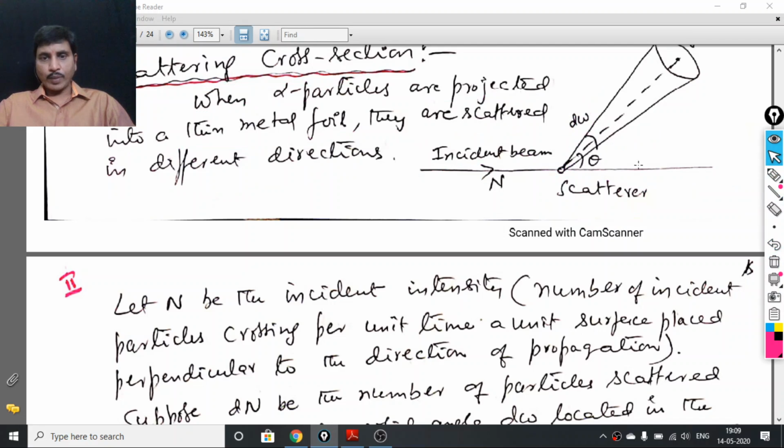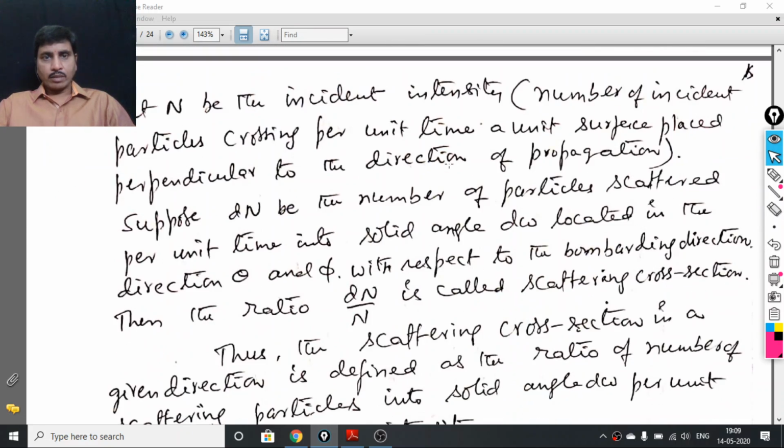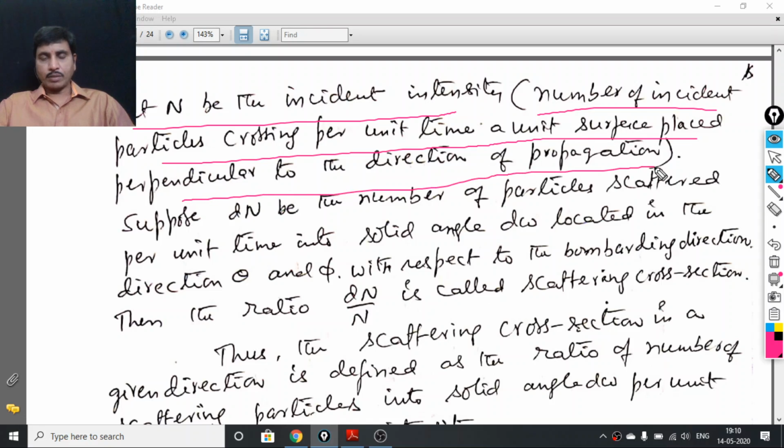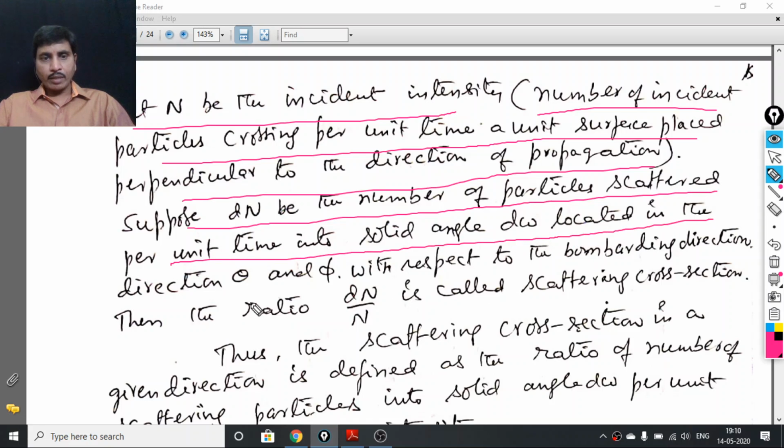This can be explained as, let n be the incident density, that is the number of incident particles crossing per unit time a unit surface placed perpendicular to the direction of propagation. In this n particles, suppose dn be the number of particles scattered per unit time into solid angle d omega located in the direction theta and phi with respect to the bombarding direction.